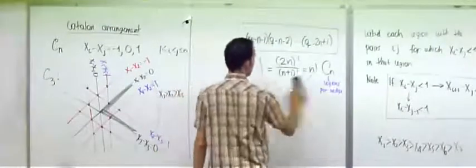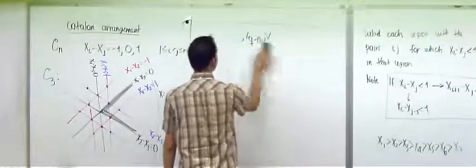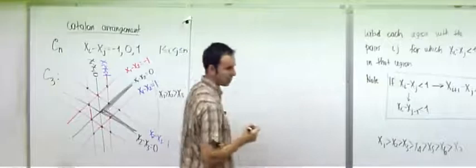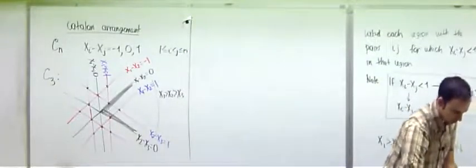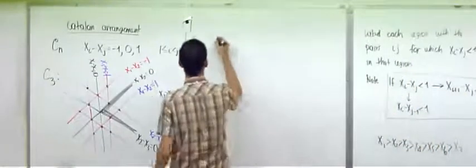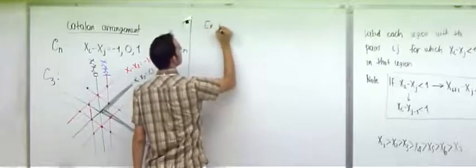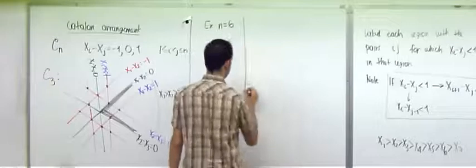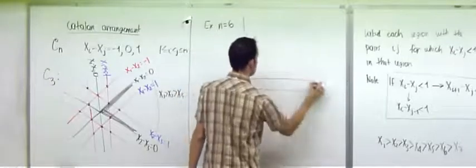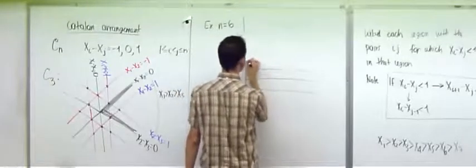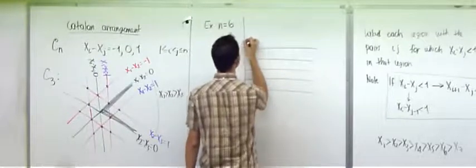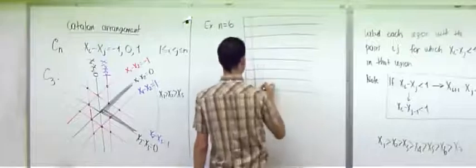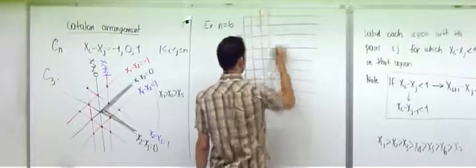So that's a small example and it's too small to know what's going on. But let's do a bigger example with n equals 6. Here my board is going to be bigger.